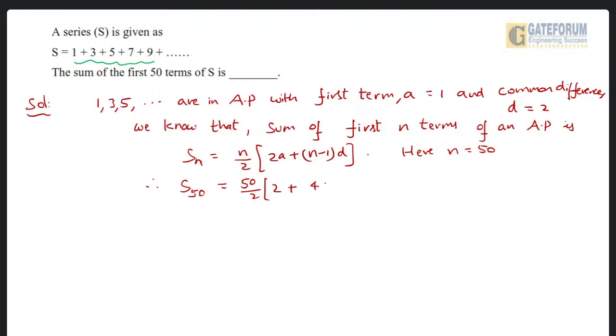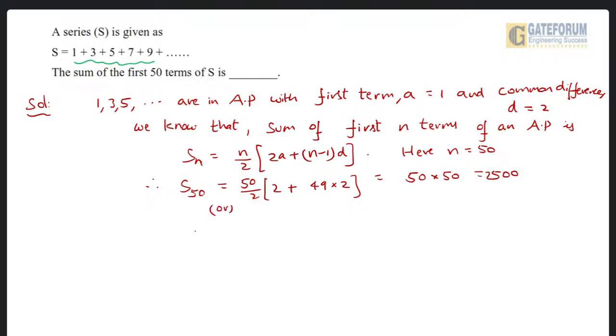So this is 49 into the difference, which is 2. I can take 2 common from the bracket and cancel with the denominator 2. So this is 50 into 50, since 1 plus 49 is 50 after taking 2 common. So 50 square, 2500.